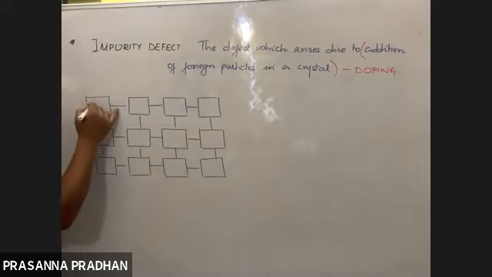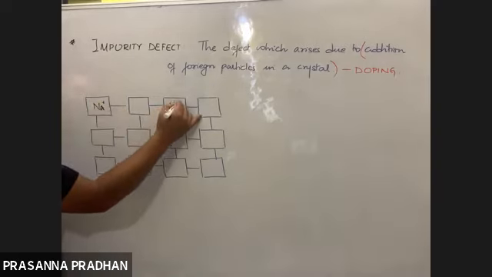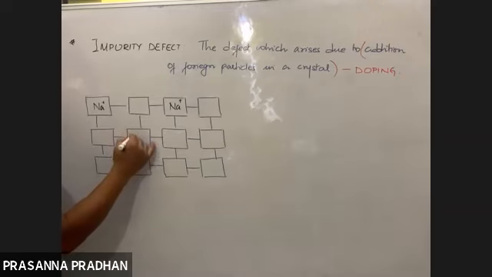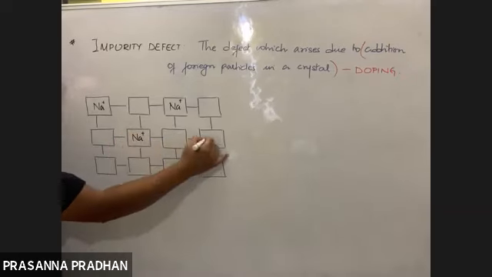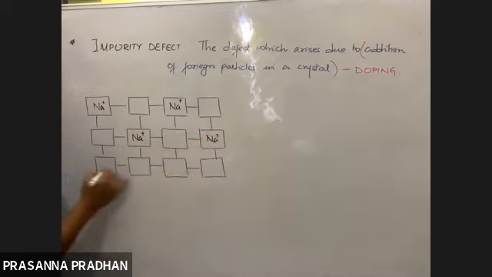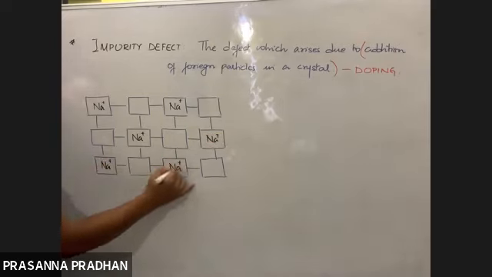So now let me draw a sodium chloride crystal. We have sodium ion out here, and here, and here. Right?